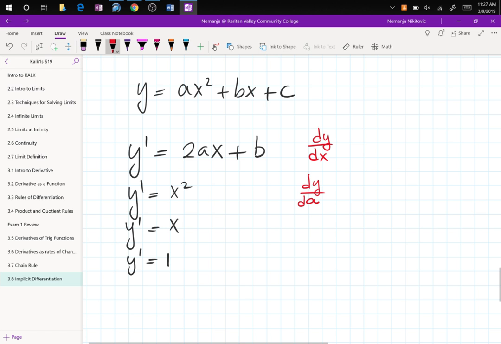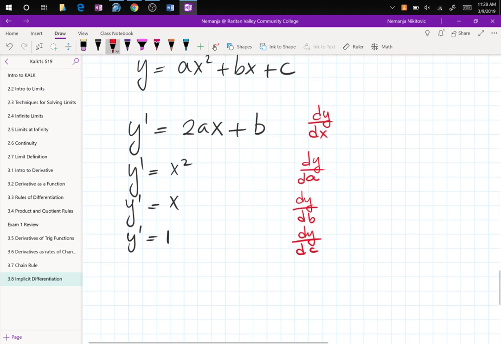You know, a can be independent variable as well. The next one is dy db, and finally dy dc. So these are different values. So you see that it's important to know what variable you are taking the derivative in respect to and what you are taking the derivative of, which is the y part.